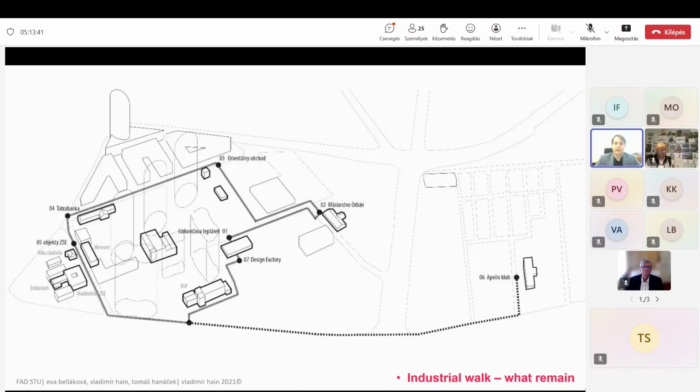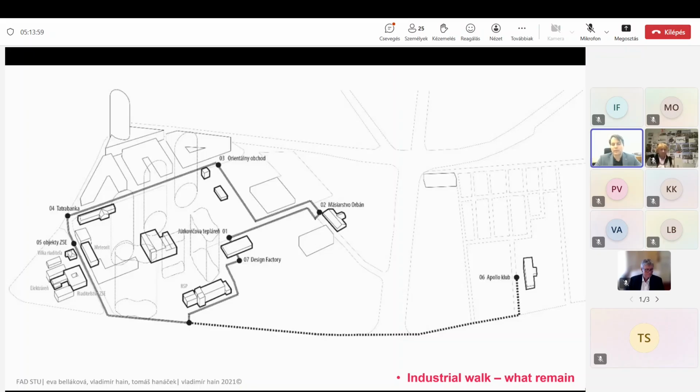So we started to organize an industrial walk to teach people and help them understand why those buildings were important, for which factory, and some of them are already monuments and protected.